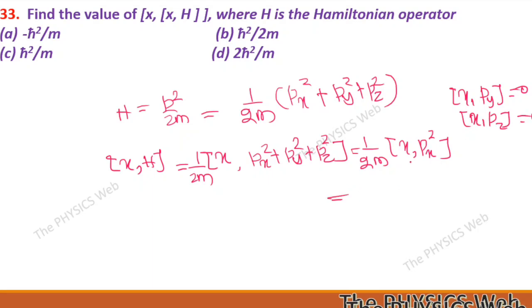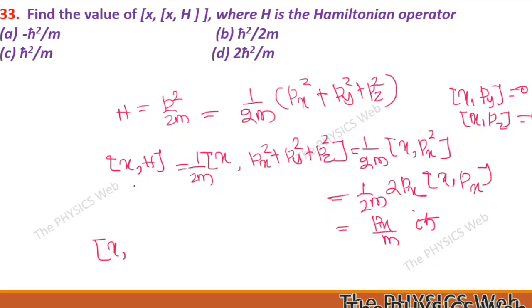So from here you can write 1/2m times 2px [x, px]. So this will be px/m times iħ. So [x, H] is equal to iħ/m px.